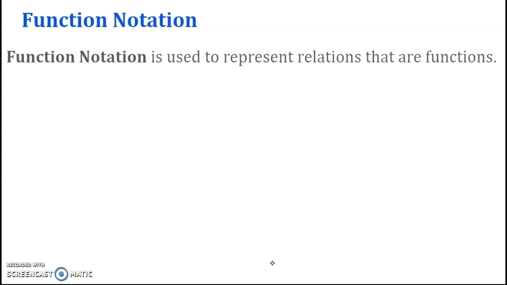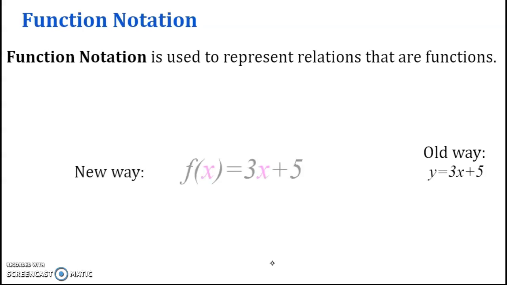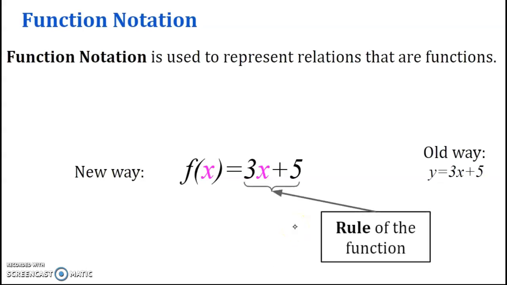Okay, so function notation, what is it used for? It is used to represent relations that are functions. The old way was to write y is equal to 3x plus 5, but the new way is to write it as f of x is 3x plus 5. And 3x plus 5 is the rule for the function. It tells you what you do to the input.